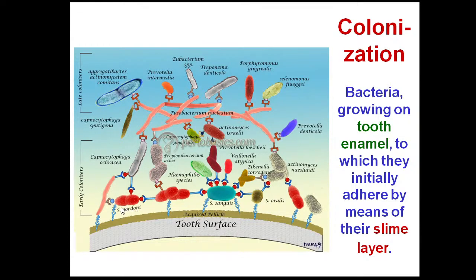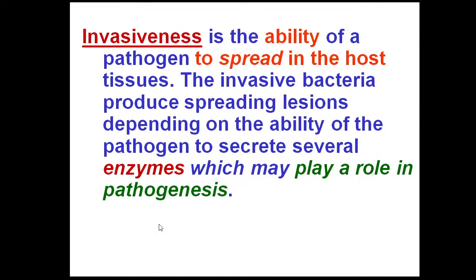Starting from Streptococci, which usually adhere with the slime layer, then a lot of other bacteria: Veillonella, Prevotella, Haemophilus, Propionibacteria, Actinomyces, and all the others. They are connected together, may cause dental plaque formation, and then the damage to the tooth enamel and forming of the caries. That's a very good example.